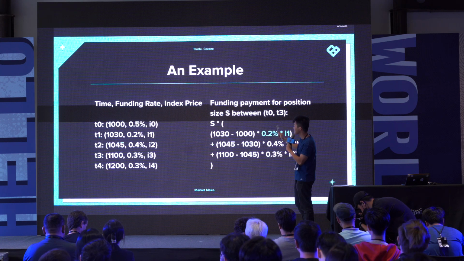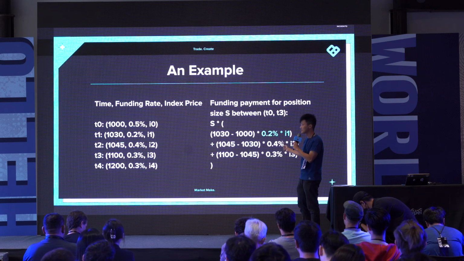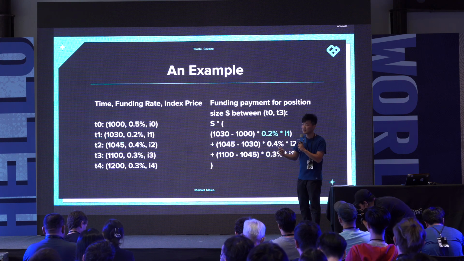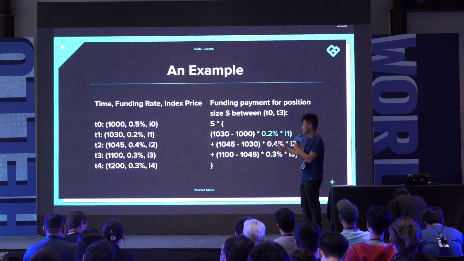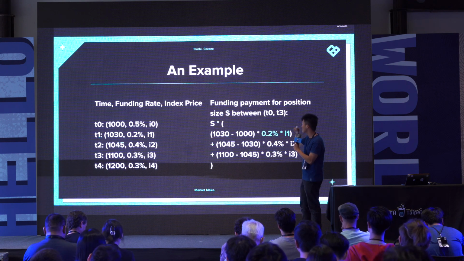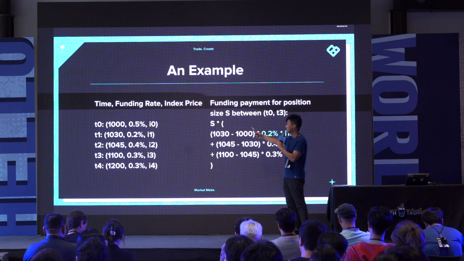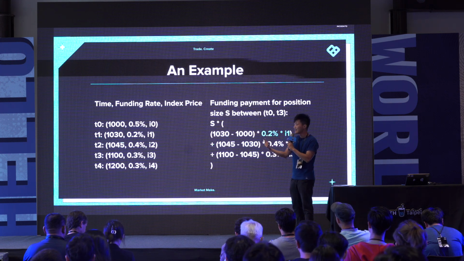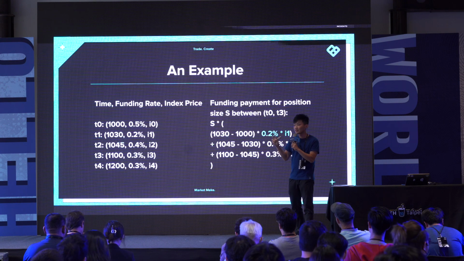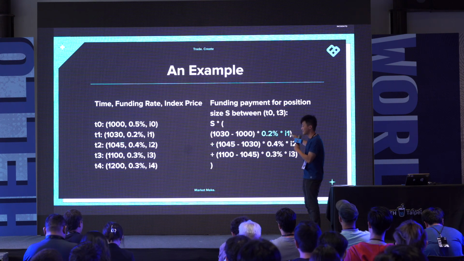A little explanation for why we're multiplying the index price here: we want to get a fair position value of this position size. So for example, if it's ETH and the position size is 1, then the notional value of this position size is 1,000 or 1,200.